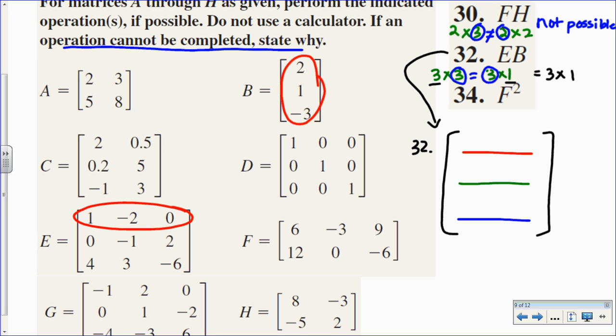You multiply the corresponding entries and add in between. So you start at the left and the top. So 1 times 2 plus negative 2 times 1 plus 0 times negative 3.